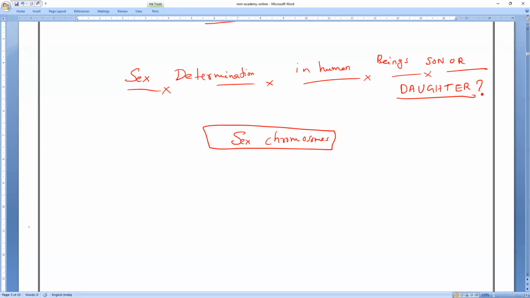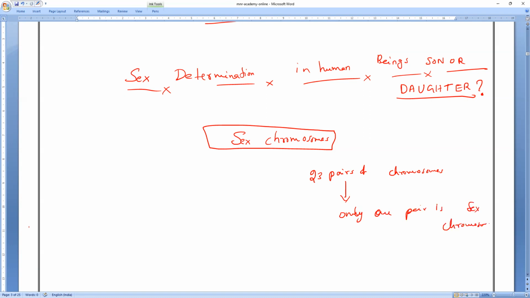So in human beings, there are basically 23 pairs of chromosomes. How many in human beings? All of you? 23 pairs of chromosomes. Out of which only one pair is a sex chromosome.